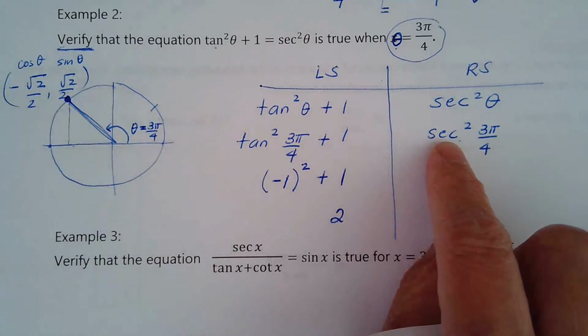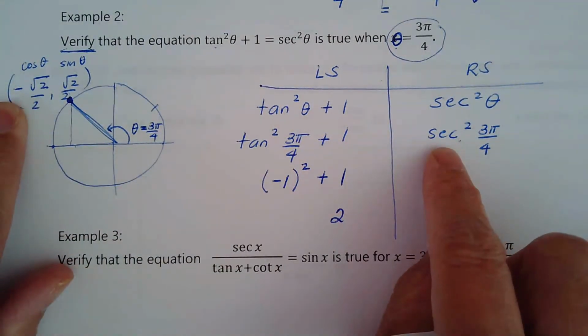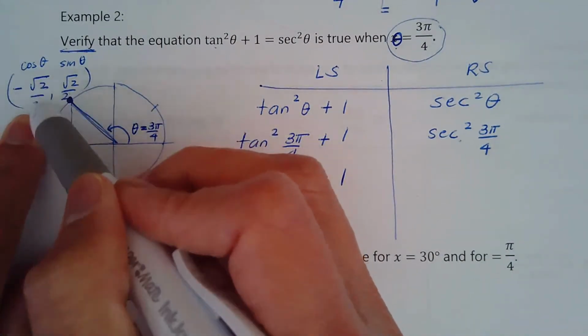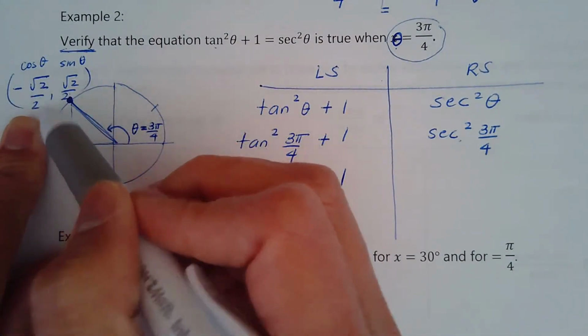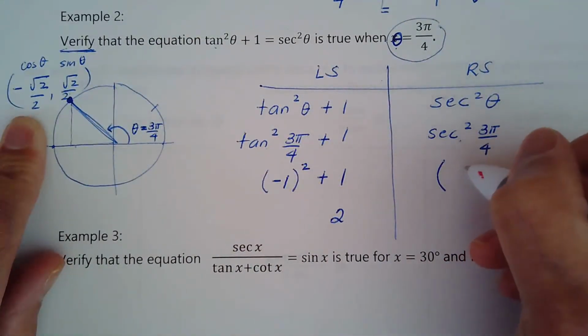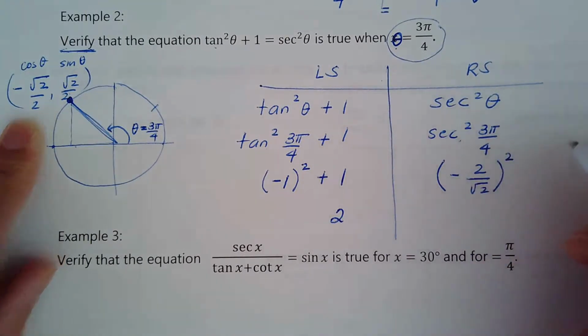So secant squared is the reciprocal of cosine. So we're going to take the reciprocal of these two and then square it. So the reciprocal of that would be negative 2 over root of 2, squared.